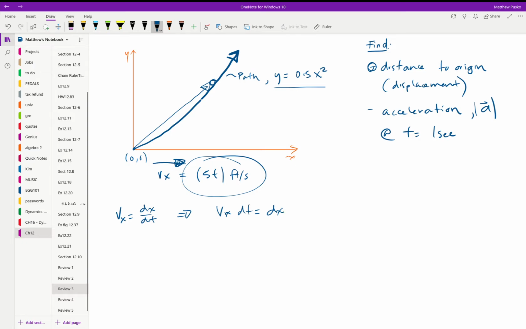We can substitute this 5t for the velocity in the x direction. It gives me 5t dt, and we can integrate. So they told us it started at x is equal to 0, at t is equal to 0.